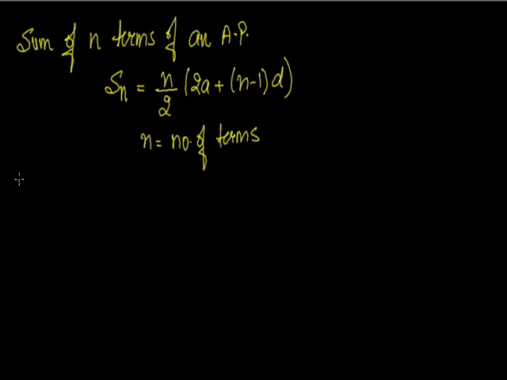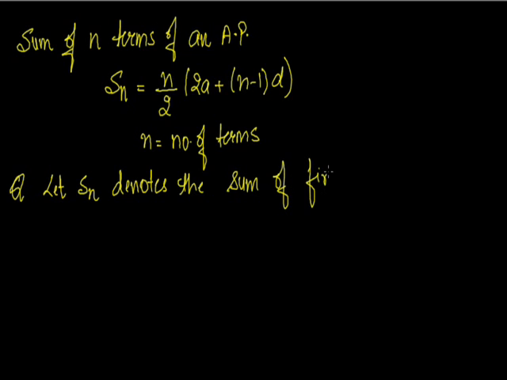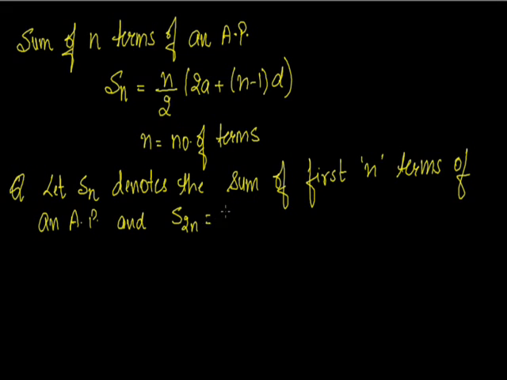Now let's move to the questions. Question is, let Sn denote the sum of first n terms of an AP and S2n is equal to 3Sn.